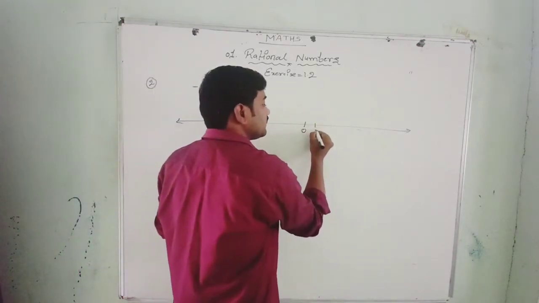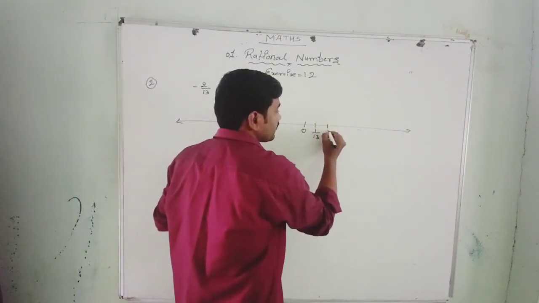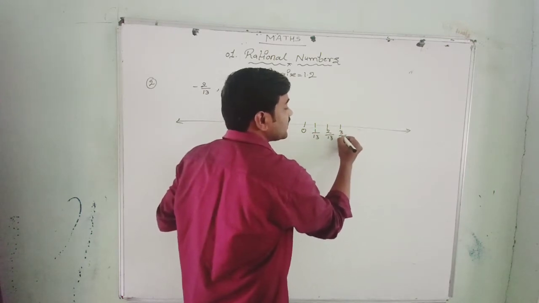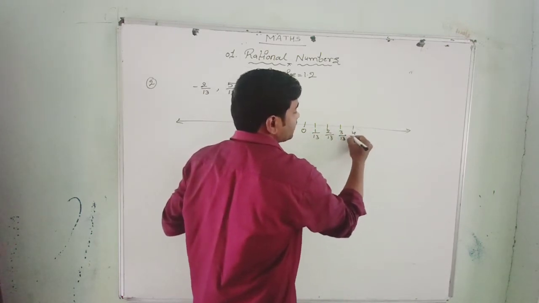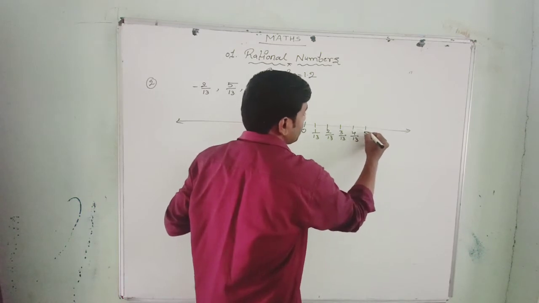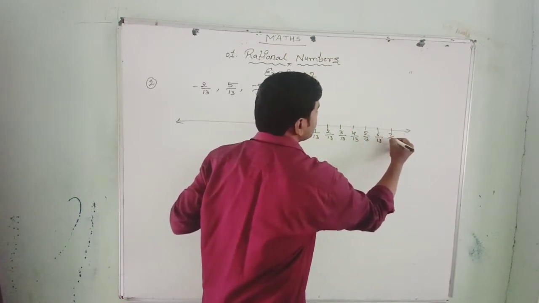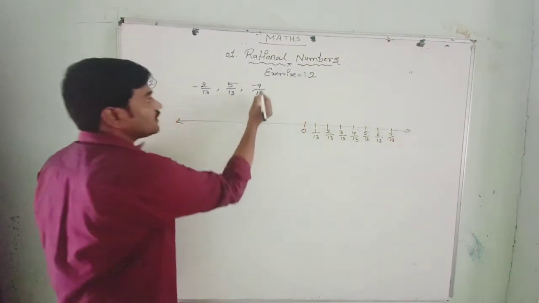Let us take it here, 1/13, 2/13. This distance should be the same. You take a scale and make it 4/13, 5/13, 6/13, 7/13, and so on. But we require the negative side.